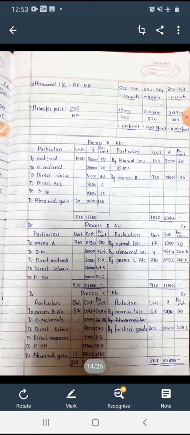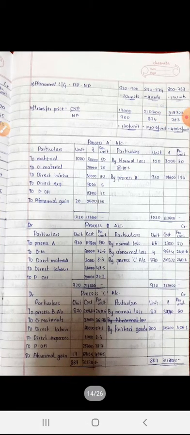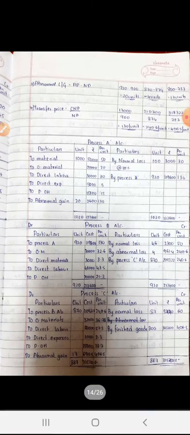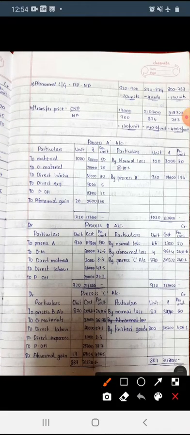Under this also, process B, direct materials, direct labor, direct expenses, okay, and then you write the production overhead, the same 50% of the direct labor: 50,000 here, so 25,000. Then find out the abnormal loss or gain.